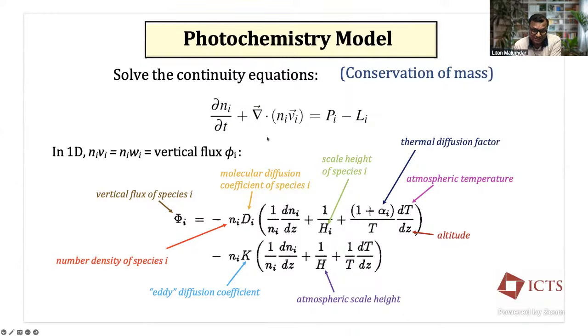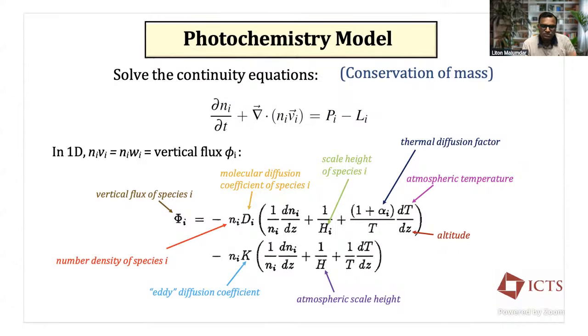So essentially, this term becomes your del phi by del z. So your number density with respect to time becomes production term minus loss term minus del phi by del z term, where phi is the vertical flux of the species. So essentially, how mixing plays a role is defined by this term phi.